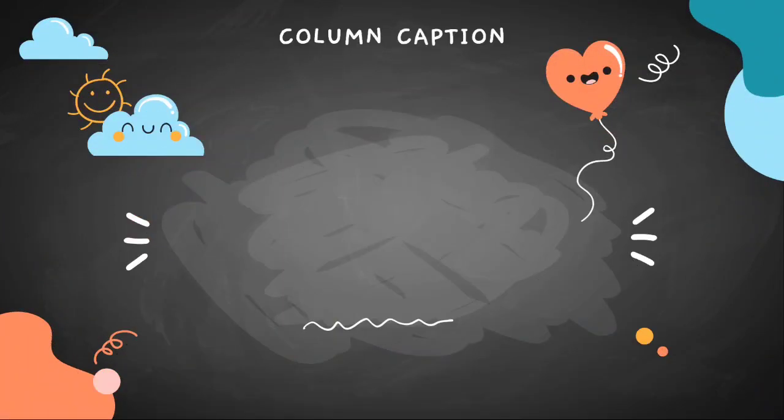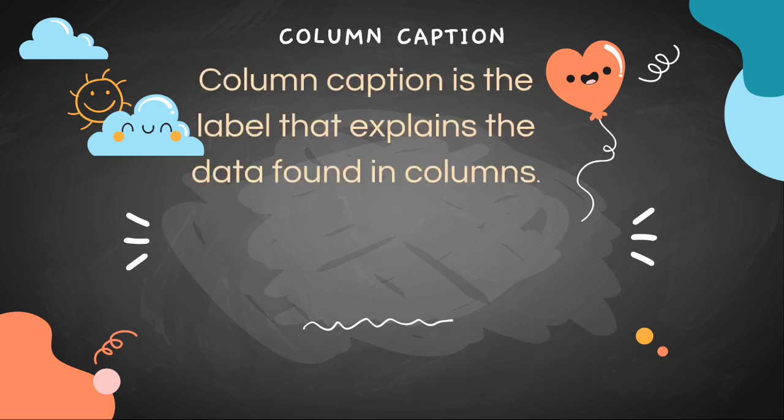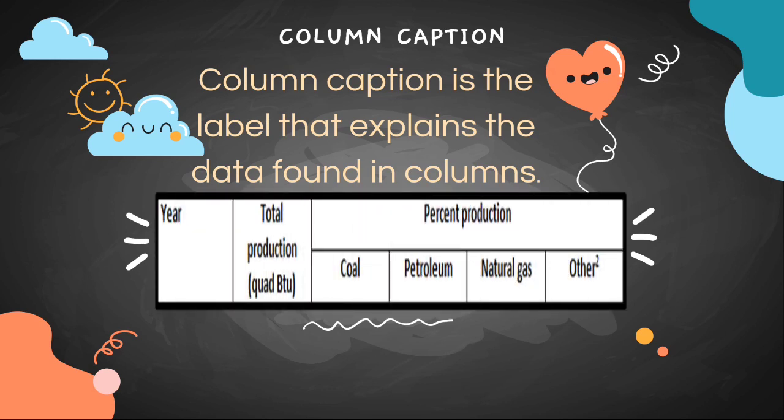The second element of a table is called column caption. Based on the example, how is it defined? Column caption is the label that explains the data found in columns. Let us take a look back at the example. What does the column caption of the table contain? That's right.